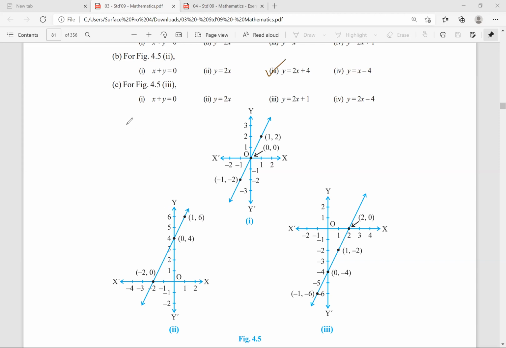Now let's move on to the third part. And the graph for that third part is this. Now I am waiting to hear who is going to tell me the answer first. And when you do tell me the answer, also tell me how you came up with the answer.